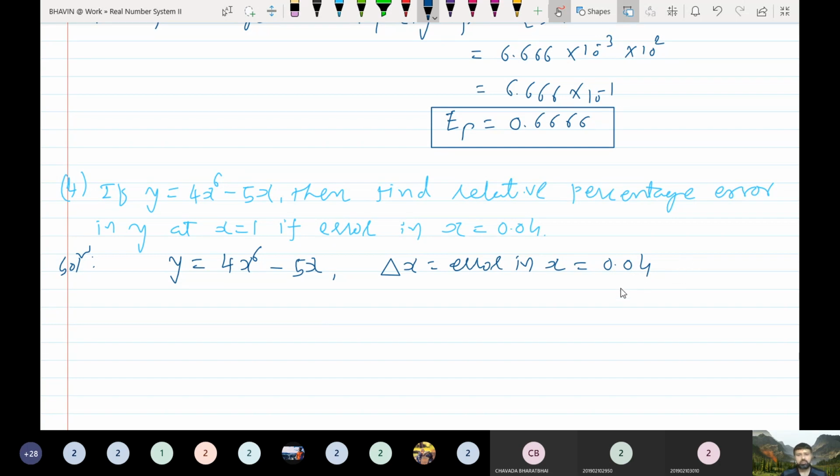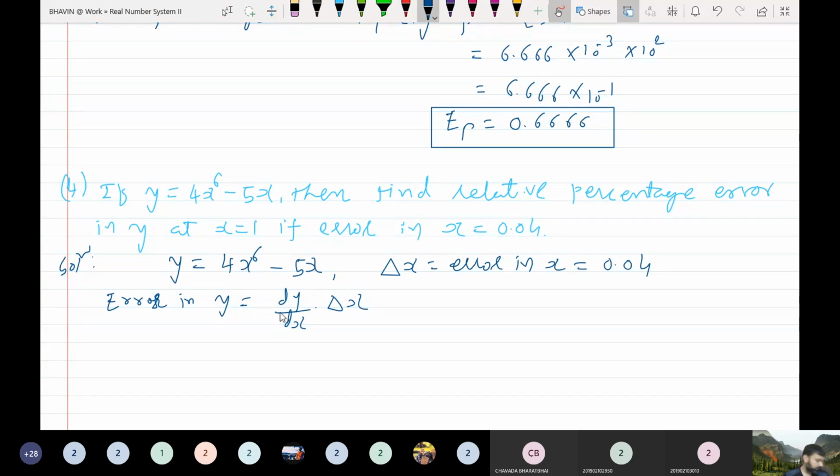Now y is a function of x. So what is the error in y? What is the formula? dy by dx into error in x, that is delta x. We want to find out at x equal to 1. So first find out dy by dx.